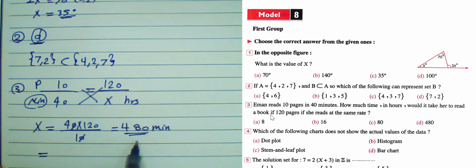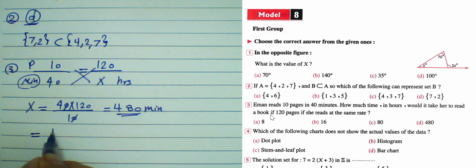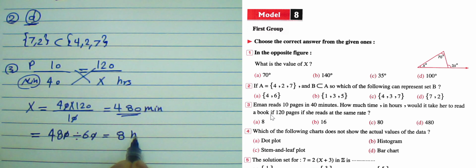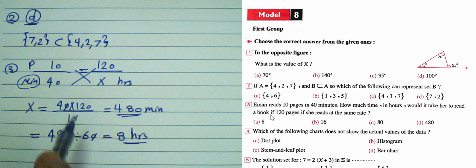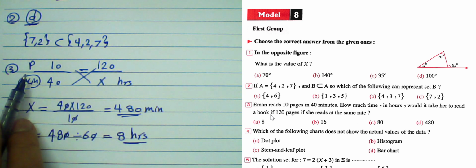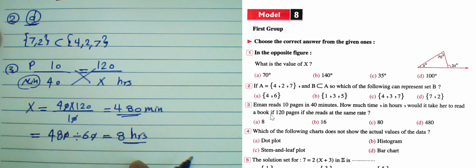We convert from minutes to hours by dividing by 60. So 480 divided by 60. Cancel 0 by 0, and 48 divided by 6 equals 8. Then he reads 120 pages in 8 hours. The result will be 8 hours.